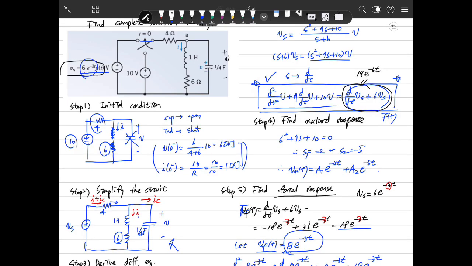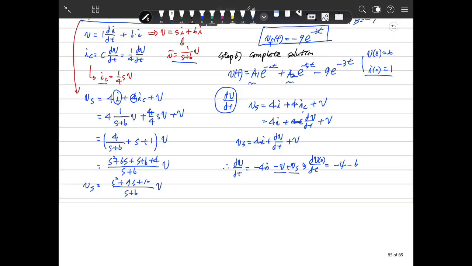So when t is 0, that value is 6, so there will be plus 6, and there will be minus 4. So we got it. The dv/dt at 0 is minus 4.